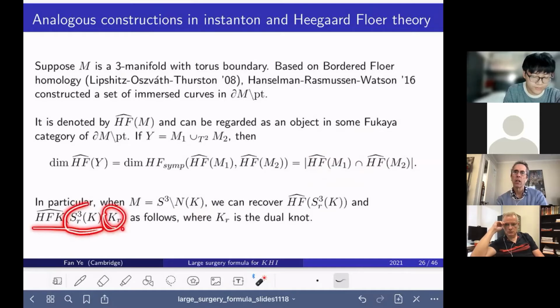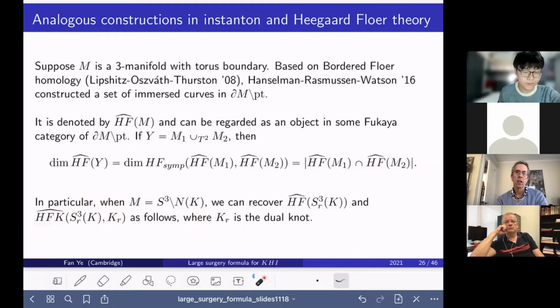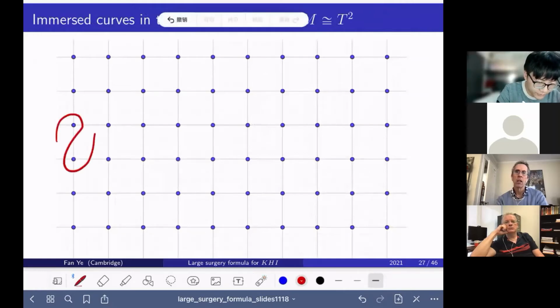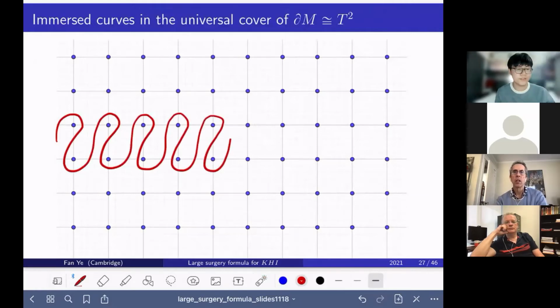This is the dual knot in the surgery manifold. Okay, so maybe let me draw an example for the trivial knot. So this is the curve invariant.